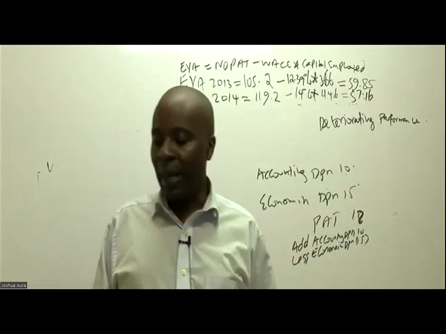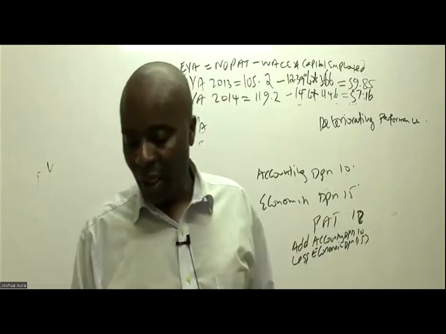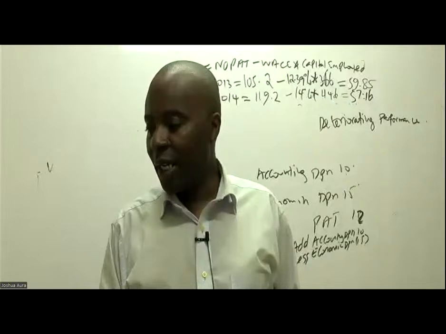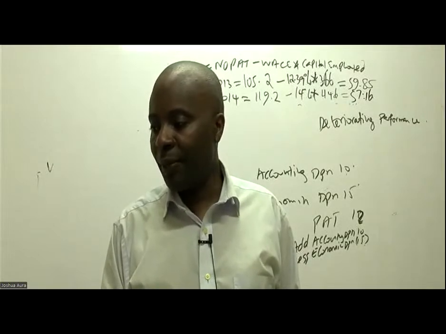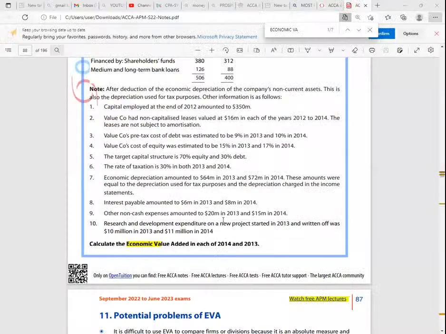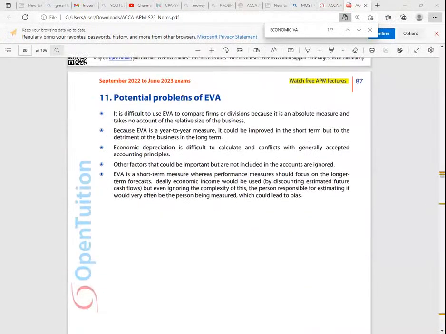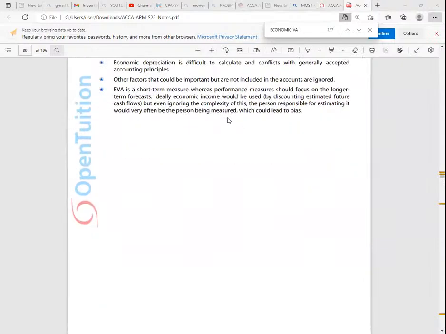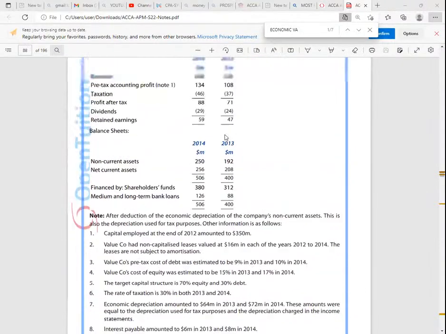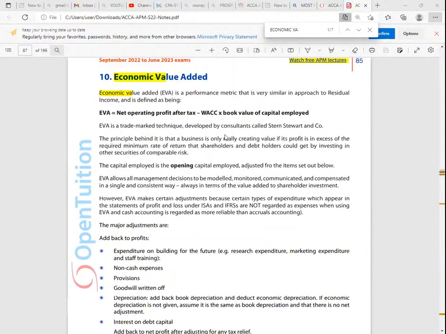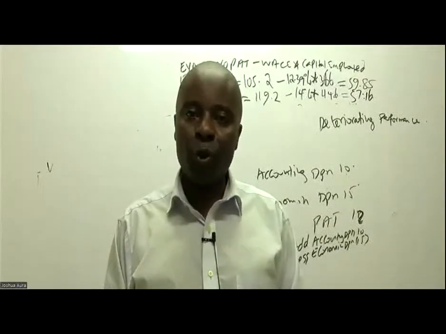So, ladies and gentlemen, you've come to the end of this particular concept, and I would really want you to go and look at this book, especially the potential problems of EVA. You need to go and look at these theories. They're very important. Then select one question from your past paper on EVA and do it.